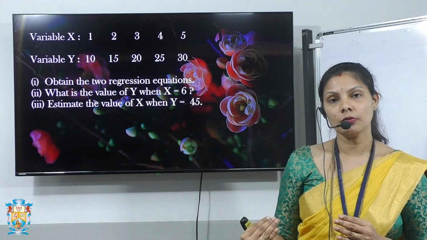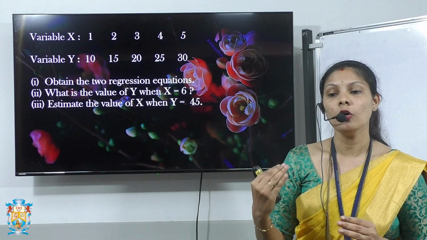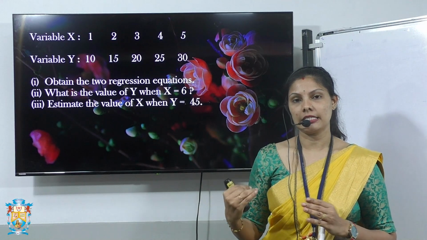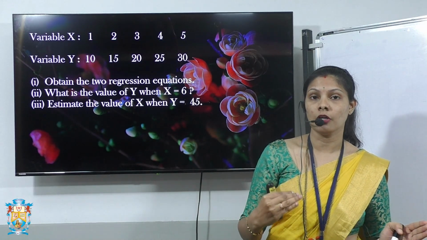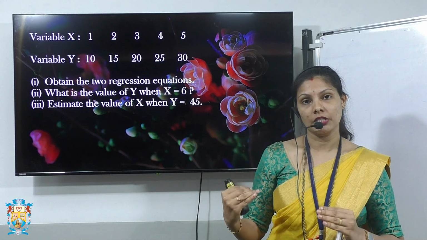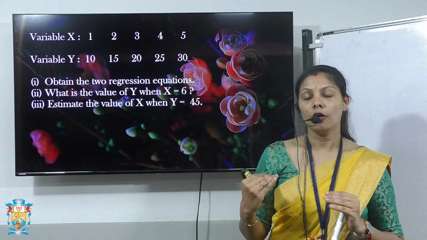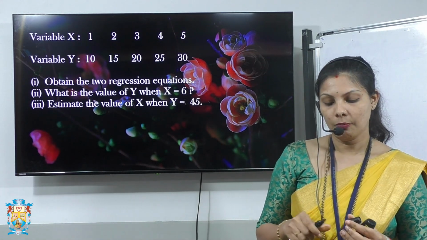And the third question: estimate the value of x when y equals 45. Now in the question they have given variables x and y, so we have to use the regression equation formulas in terms of summation xy by summation x square and summation xy by summation y square. Now we will work out this problem.